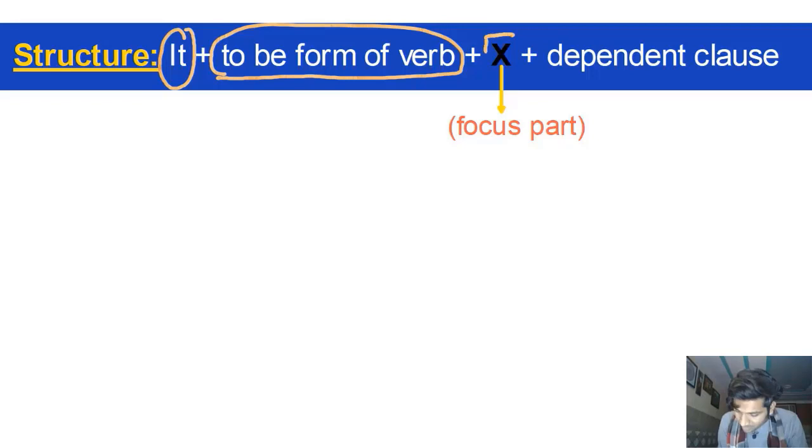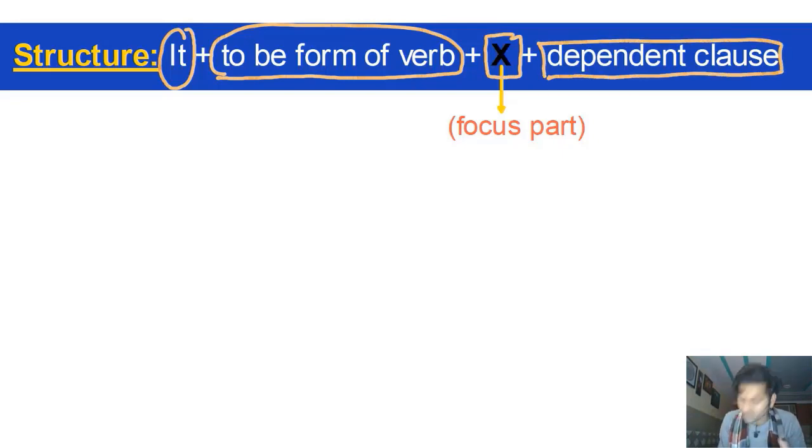Then we have the focus element, we're calling it X. The focus element, the part that we focus on. And then we have a dependent clause, which is basically a relative clause working as an adjective. So it's basically an adjective clause. All right, this is how an it cleft sentence looks like.